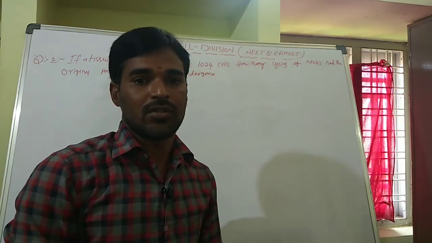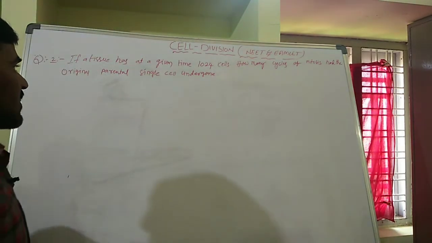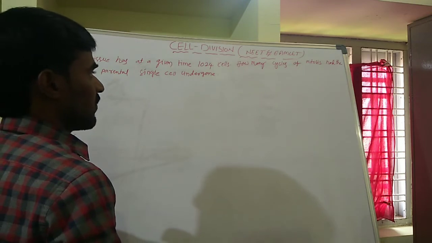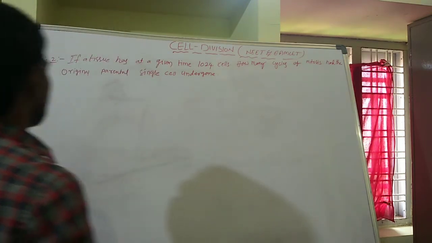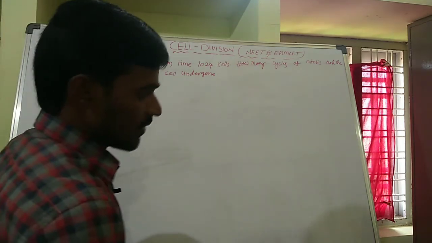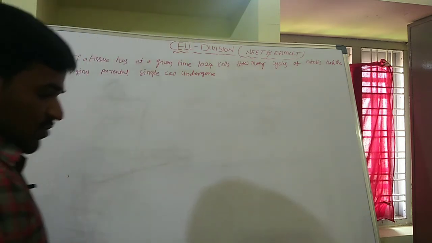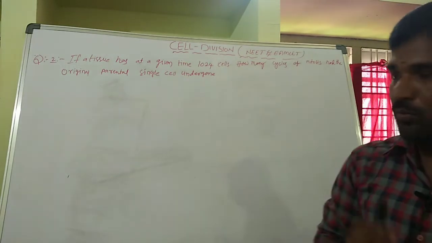Okay. Next question is: if a tissue has at a given time 1024 cells, how many cycles of mitosis had the original parental single cell undergone? In this question, we have to concentrate on 2 points.